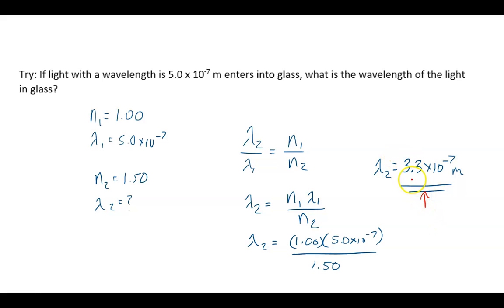So that is just slightly shorter than violet light, so that means this is going to be a UV light at this stage, just beyond what humans can see.